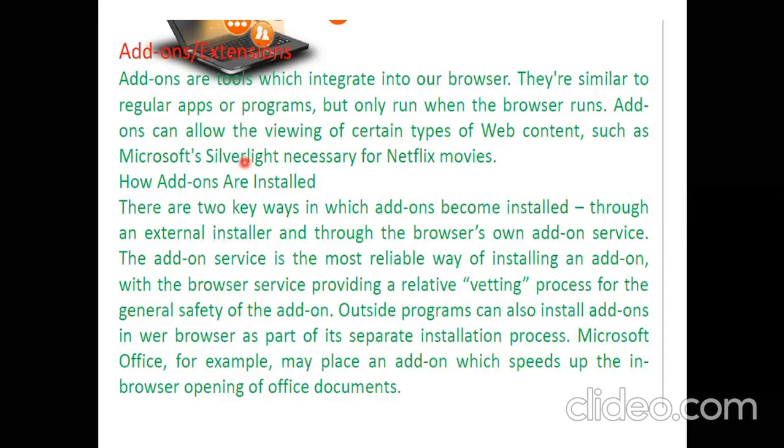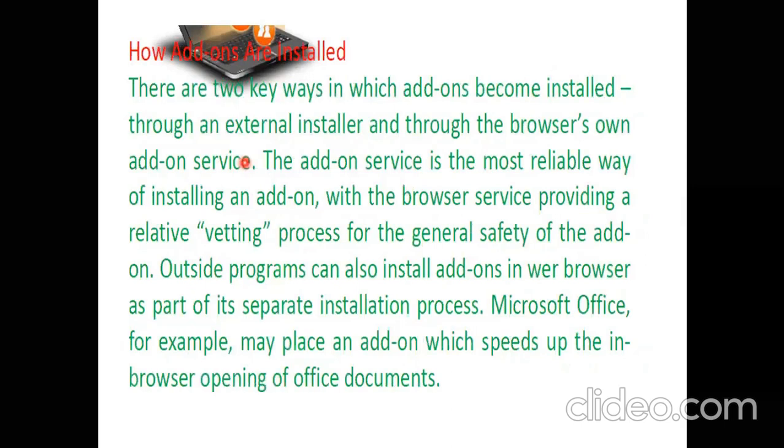Now there are two ways to install your add-ons. One way is as we download and run any simple application. In a similar way, you can download the add-on and run it on your local machine. That means you can install it on the local machine, and then you can see in the program box that this add-on has been installed. Another way is that we have an add-on service already available in the browser, which you can enable and add your add-ons in the browser itself. It will not appear locally on our computer system or laptop, whatever you are using.